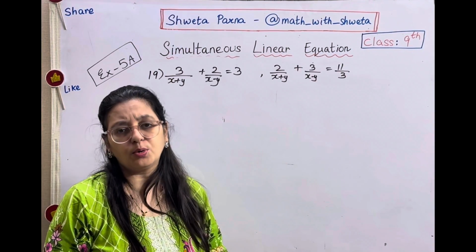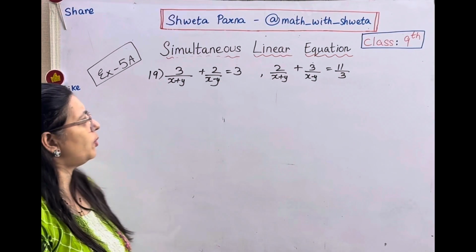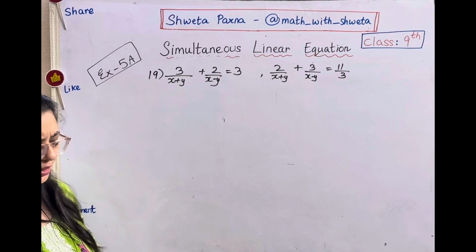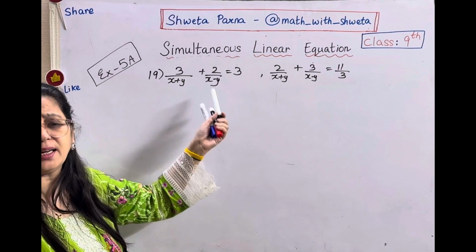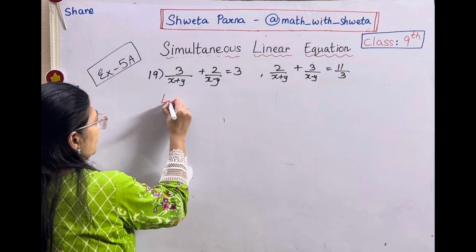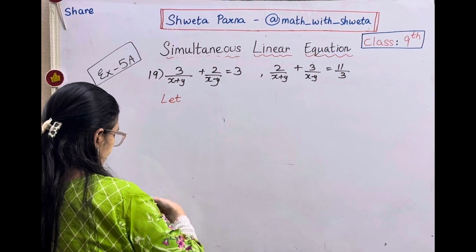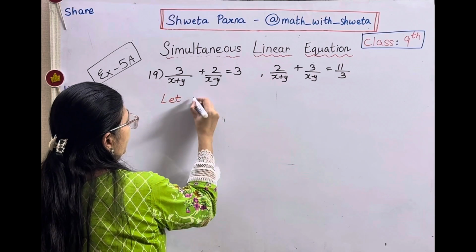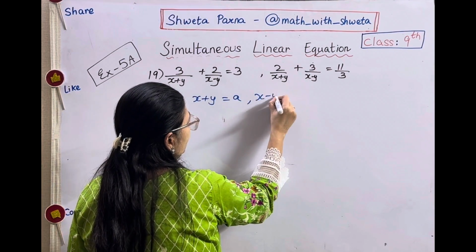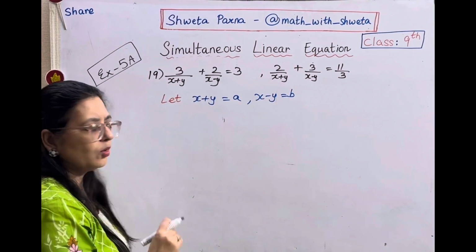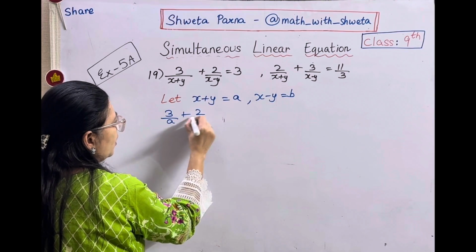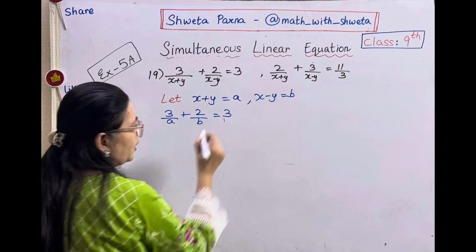Yes kids, let's go to question number 19. 3 upon x plus y plus 2 upon x minus y is equal to 3. So instead of taking the LCM and making it more complex, I will let x plus y be A and x minus y be B. So this will become 3 upon A plus 2 upon B is equal to 3.